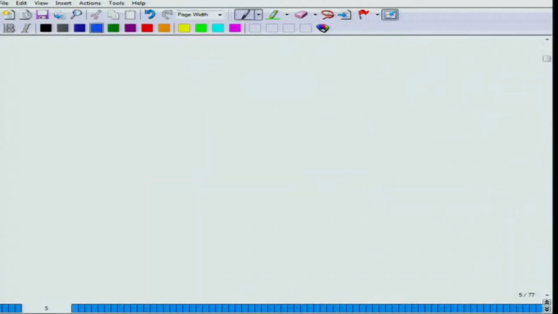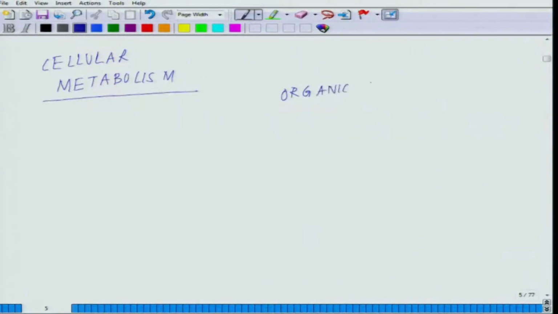Basically, this falls under cellular metabolism. Cellular metabolism could be divided like this. You have these organic molecules, which include your amino acids, carbohydrates and lipids.